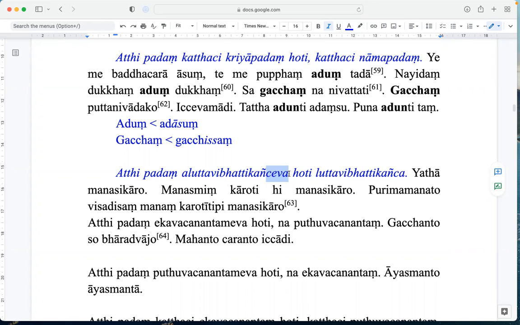In English, when we say either or, only one of them can appear at a time. Anyway, maybe it's clear when we get to the examples.